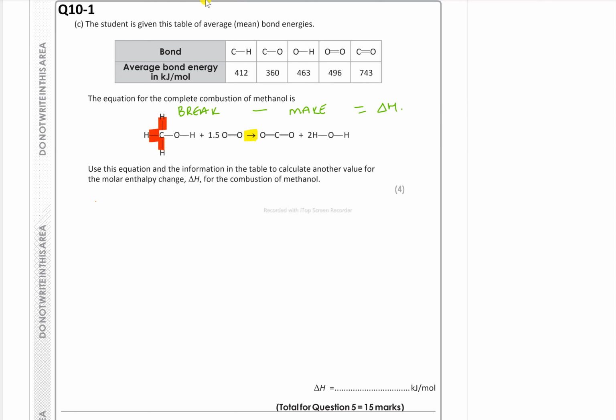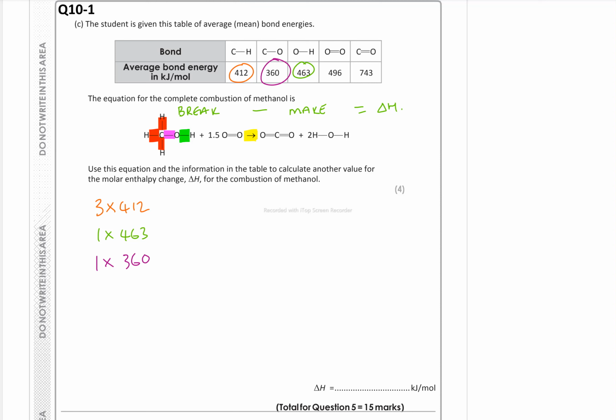We've got 3 times CH, and CH is 412. Now we've got OH, we've got 1 times OH there. And then we've got a CO bond. So we've got 1 times CO is 360.